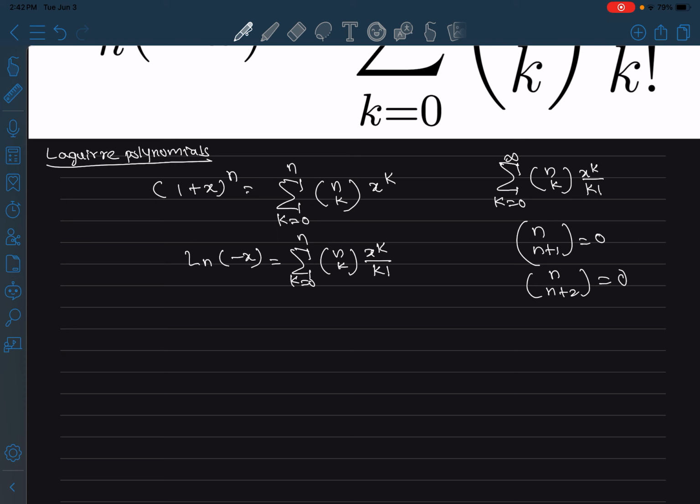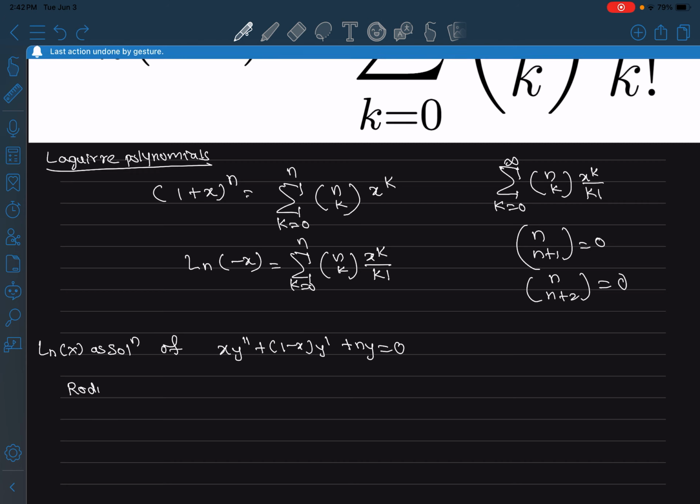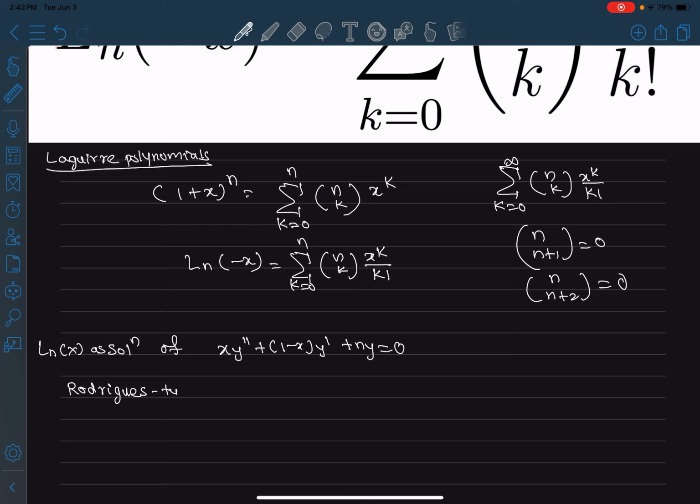Some people prefer to define it as the solution of a second order linear ODE, x y double prime plus (1 minus x) y prime plus n y equals 0. Or the more convenient definition uses the Rodrigues type formula, which is basically a formula involving the nth derivative.